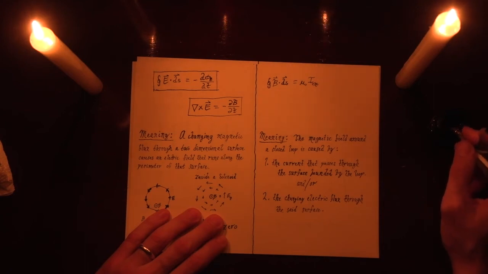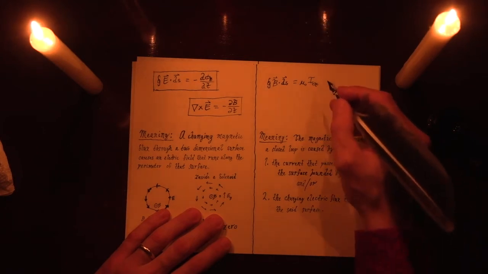All of them were thought by other physicists already. The reason why is because Maxwell discovered a missing piece.